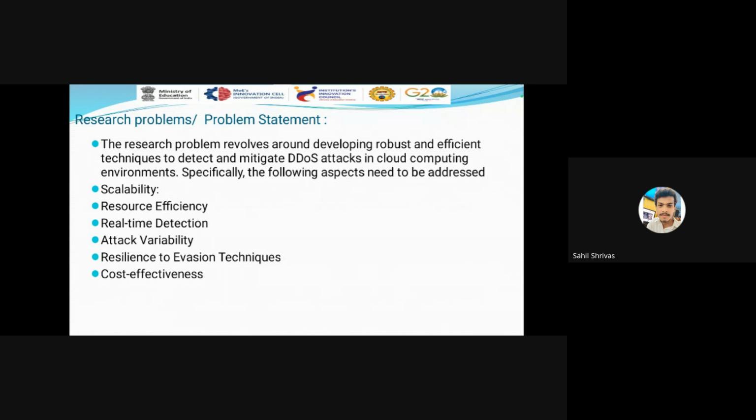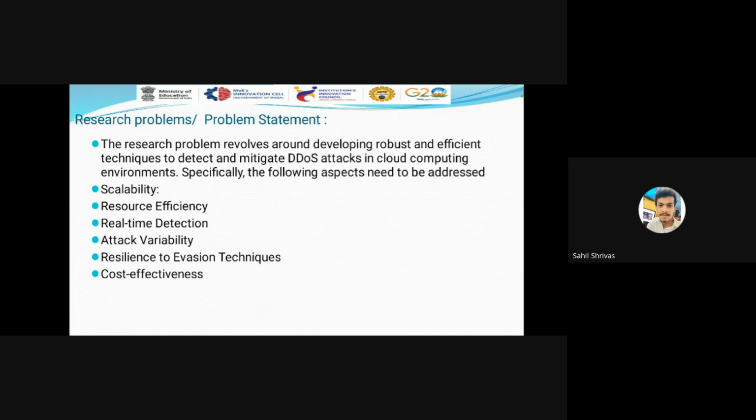Next point, cost effectiveness. DDoS mitigation solutions should be cost effective for cloud service providers and customers, considering factors such as deployment overhead, operational complexity, and the total cost of ownership.